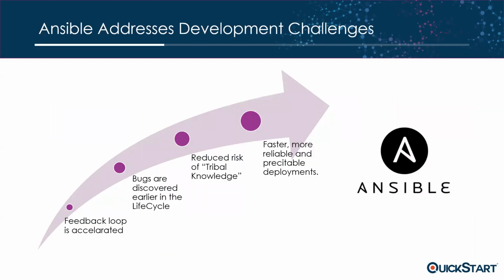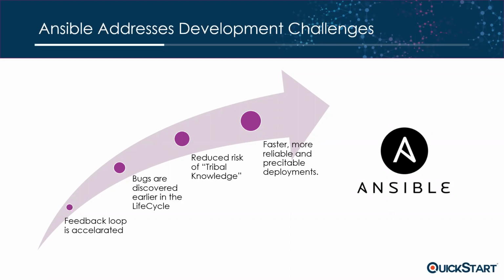Moving to specifically the development challenges that are addressed by Ansible. Ansible addresses development challenges by first creating a feedback loop. This is one of the main benefits in applying Ansible. You can think of it as an accelerated evaluation of products and services emanating from development.